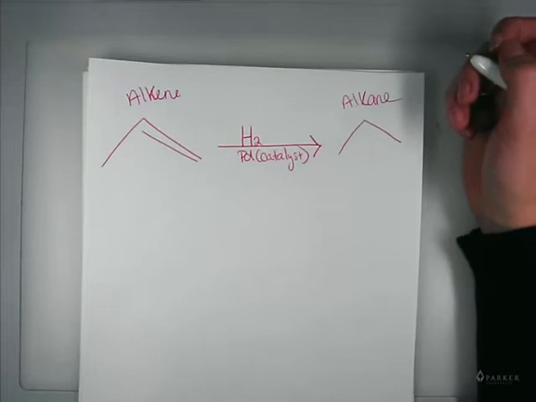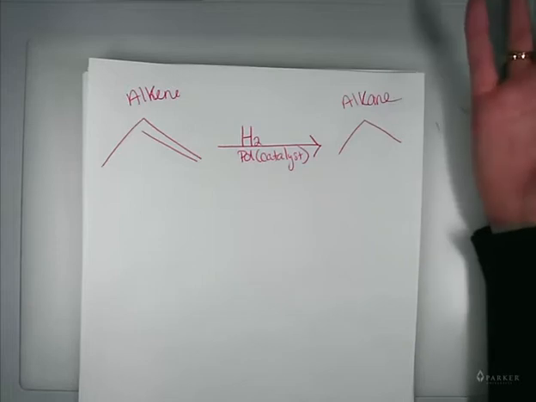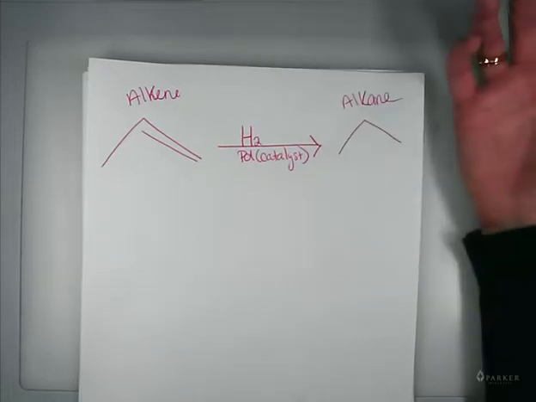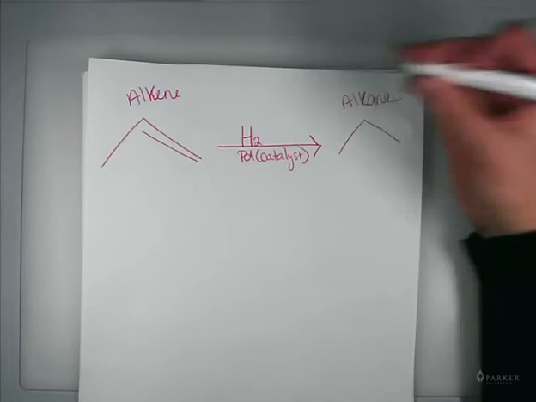There's no peroxide in it. Then Markovnikov. What if I put BH3, OH minus, and H2O2? Anti-Markovnikov. Do you remember what I add? H and OH. So it's the anti-Markovnikov version of the alcohol.